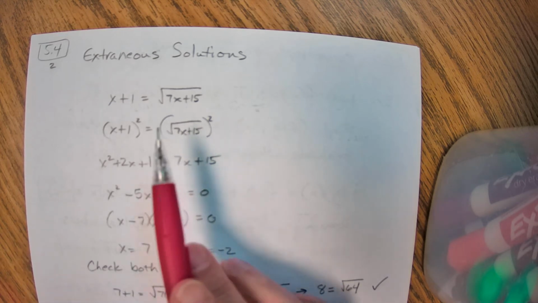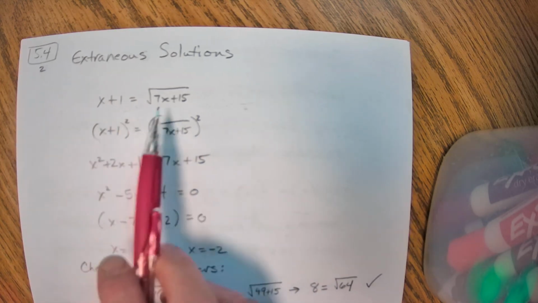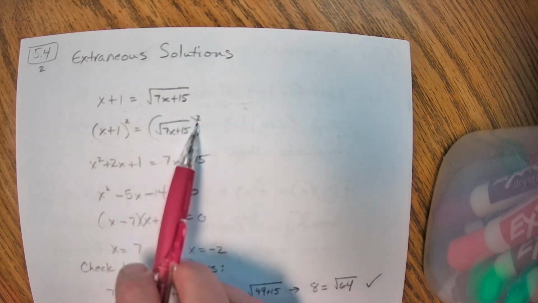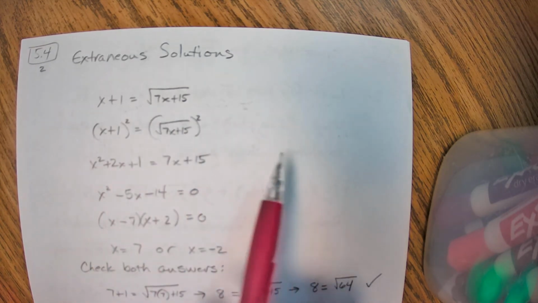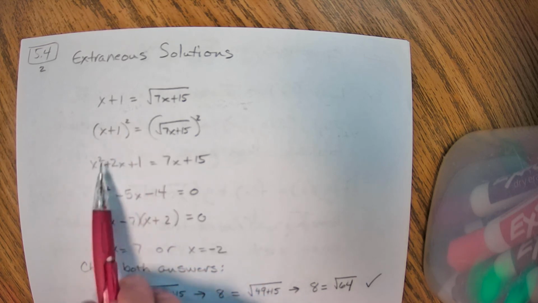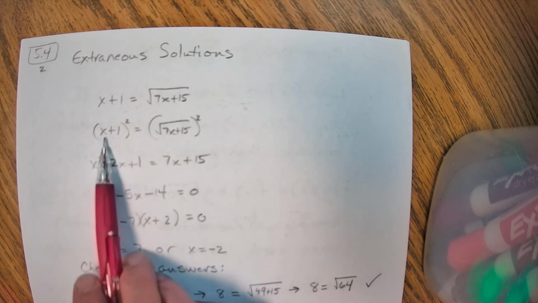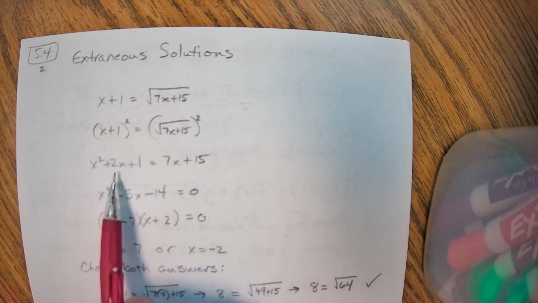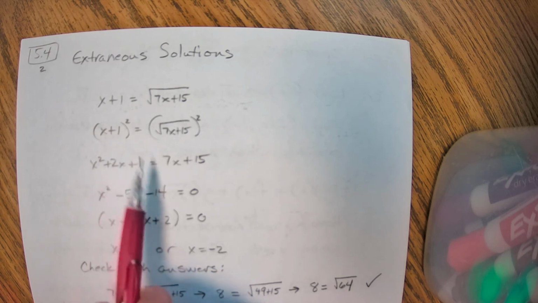So let's go ahead and solve this equation. To undo the square root, I'm going to square both sides. And remember, when you square a binomial, the result is the first term squared, plus 2 times the product of the two terms, plus the last term squared.